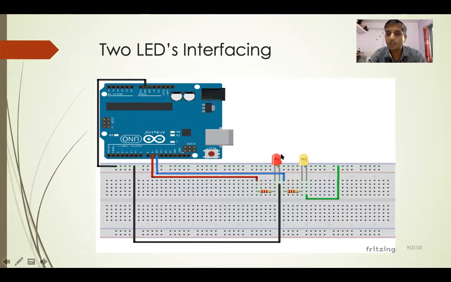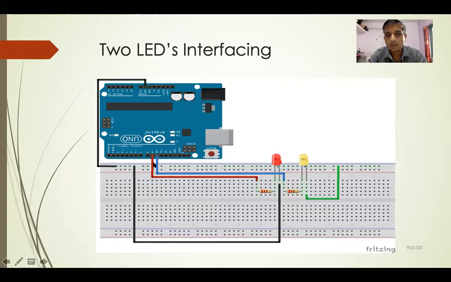The cathode of the first LED and the cathode of the second LED should be connected to ground. So rather than connecting these two grounds to the Arduino board, we are putting this ground into one of the horizontal rows of your breadboard.